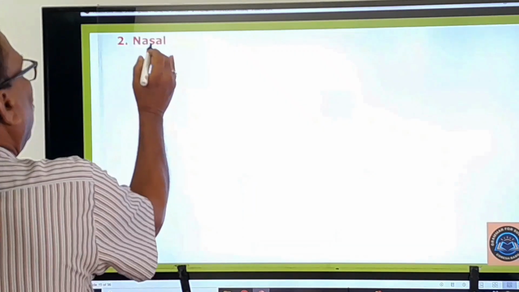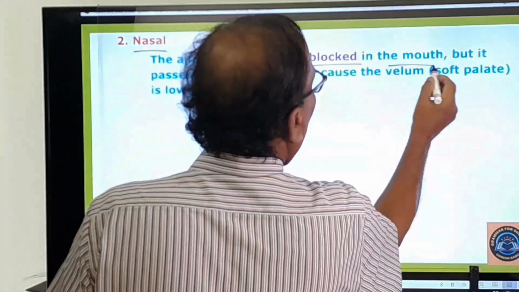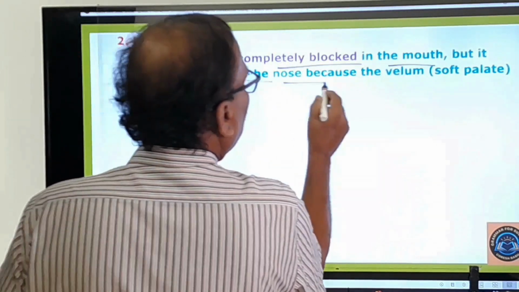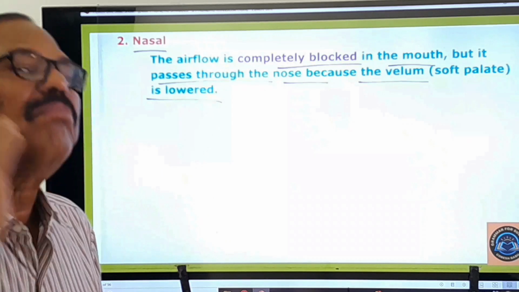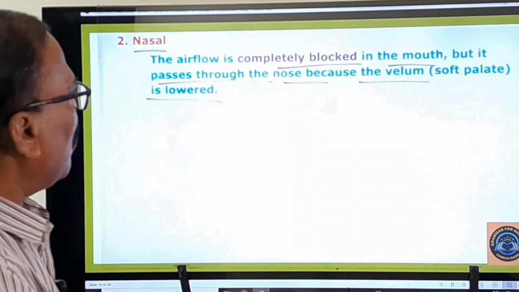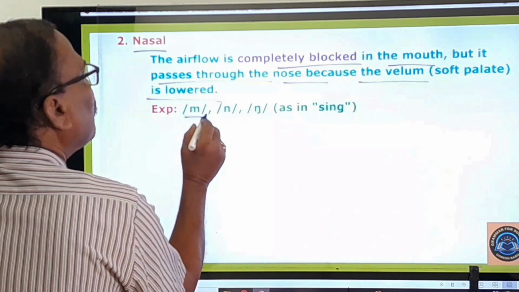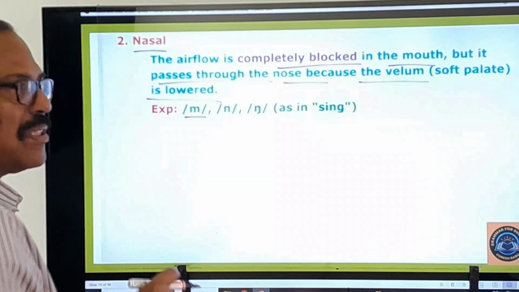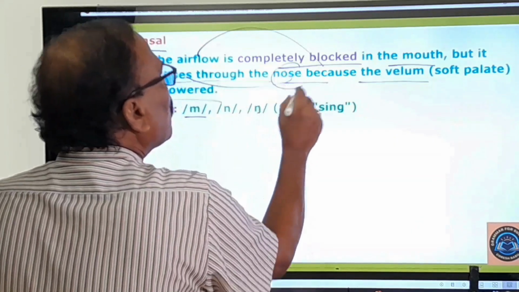Now you move on to the nasals. Nasal means the airflow is completely blocked in the mouth, but it passes through the nose because the velum, the soft palate, is lowered. Velum means the back part of the palate. Pay attention: ma. The airflow is completely blocked and passes through the nose.